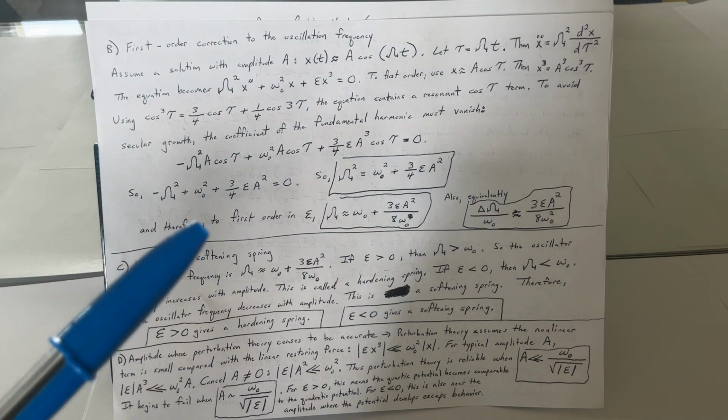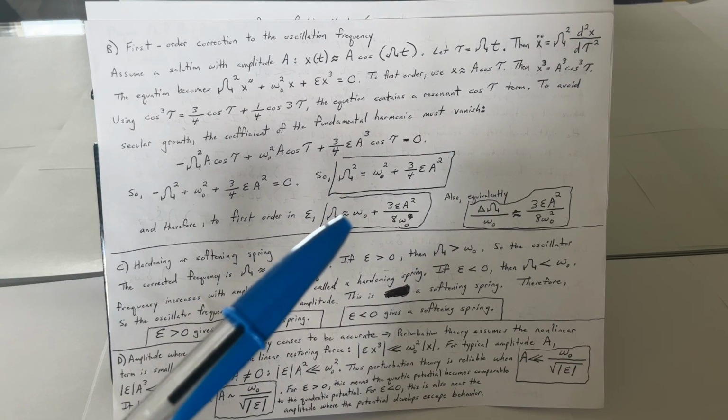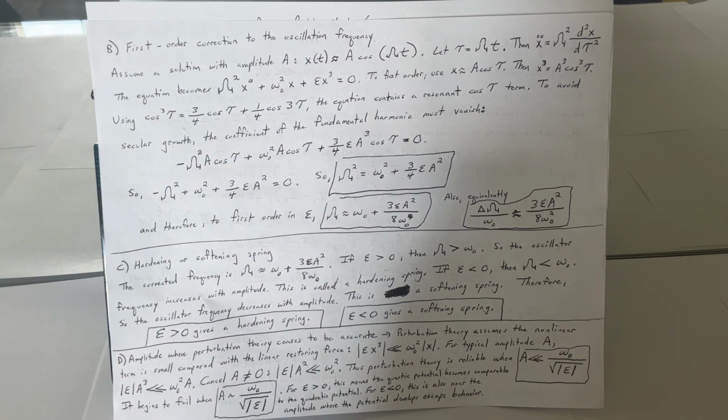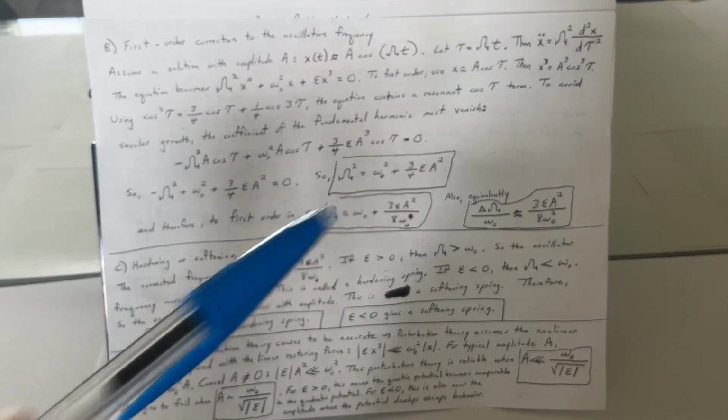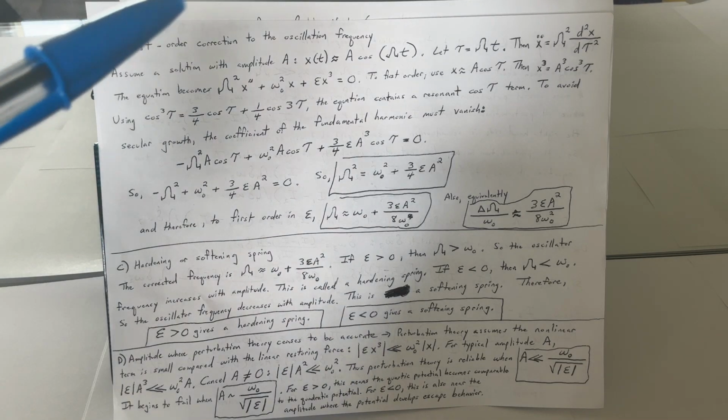Therefore, to first order in epsilon, capital omega is approximately omega naught plus 3 epsilon A squared over 8 omega naught. Equivalently, delta capital omega over omega naught is approximately 3 epsilon A squared over 8 omega naught squared. Okay, so that's for letter B.